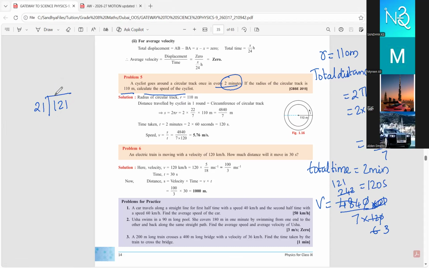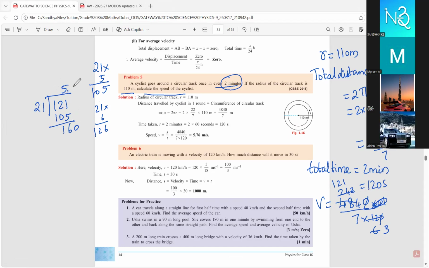Like that, you will get 21 into 5 is 105, 21 into 6 is 126. 11 minus 5, 6, then 16, then point 0.